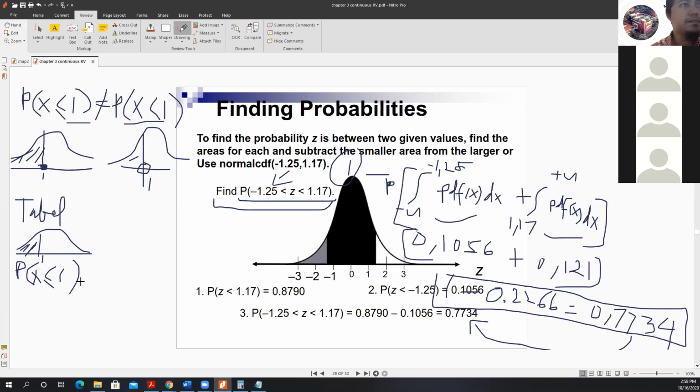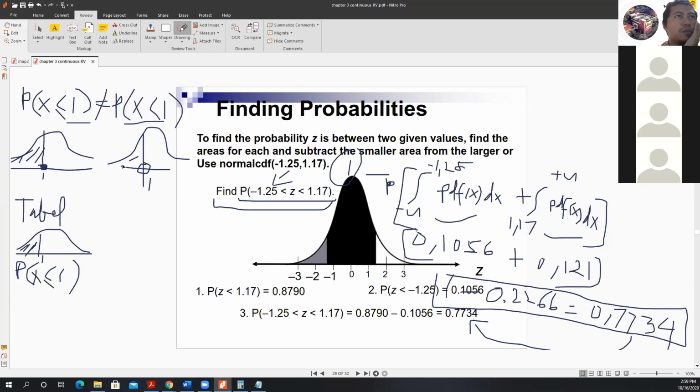Usually the table uses this expression. And then how to find this one?